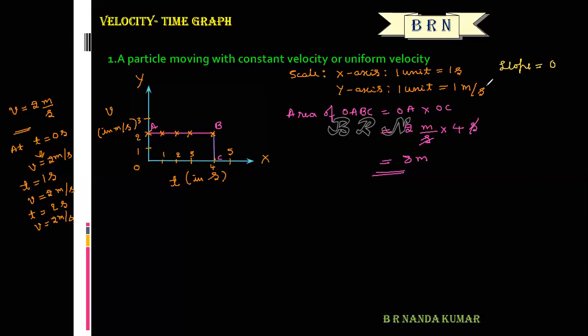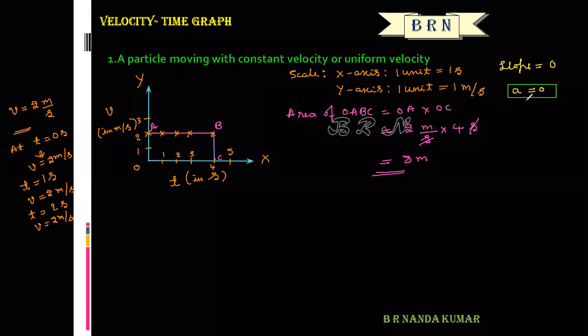But if a particle is moving with a constant velocity, uniform velocity, its acceleration is equal to 0. If a particle is moving with a constant velocity, its acceleration is 0. So this point is also very, very important.